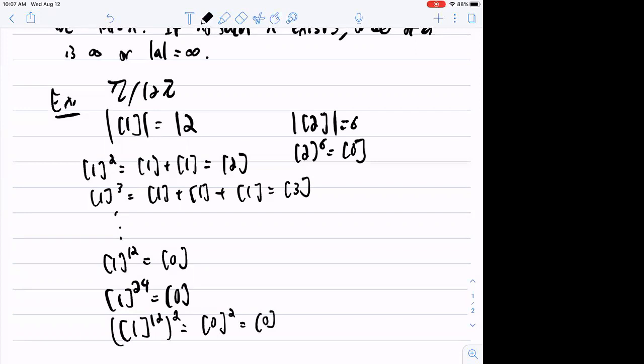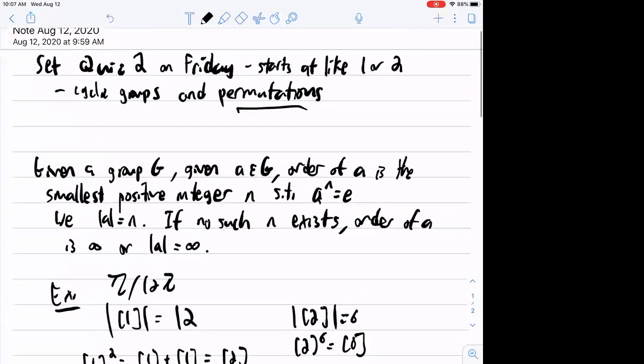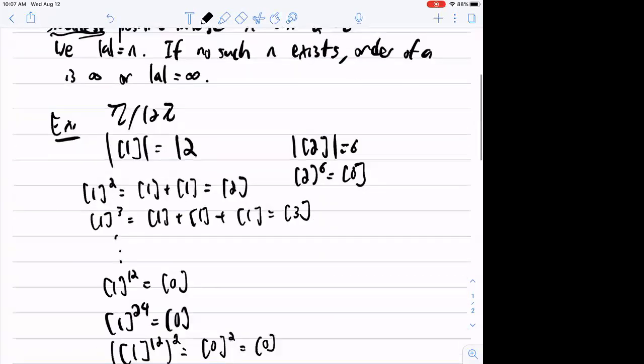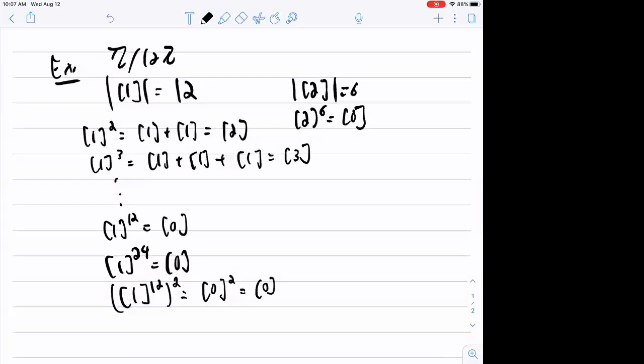By square, I mean, hopefully the law of exponents, right? But note that order is the smallest one, right? We want the smallest one. So you just keep taking powers until you get the identity, and then that's your order. So moving on, is everyone clear?